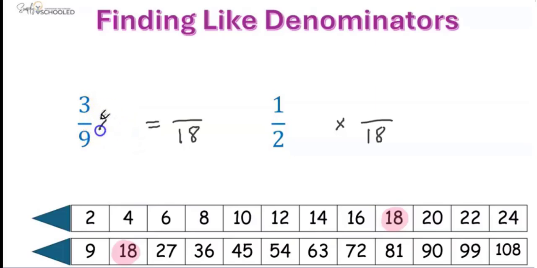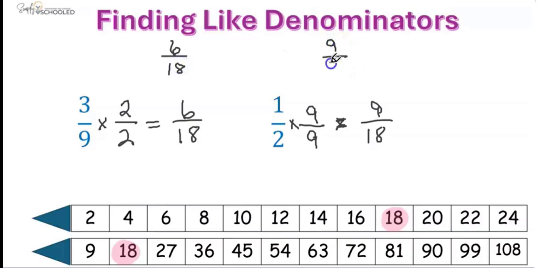So 3/9 times what? 9 times 2 equals 18. So I multiply the numerator by 2 and I get 6. And 2 times 9 equals 18. Oh, this should be an equal sign. And 9 times 1 is 9. So now our new fractions are 6 over 18 and 9 over 18. Remember, they have the same value, but now they have like denominators.